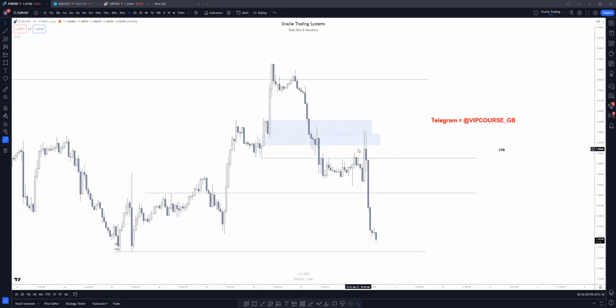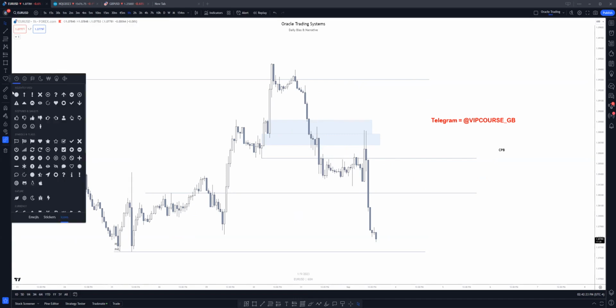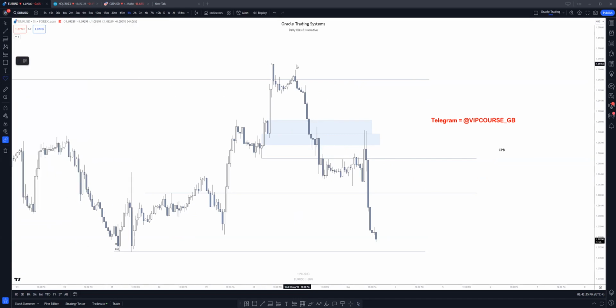We have liquidity draw, and this is where our trading system comes into play, we can simply just track the ISPs here. ISP, ISP. We expect to form consistent lower ISPs until we hit our draw on liquidity.